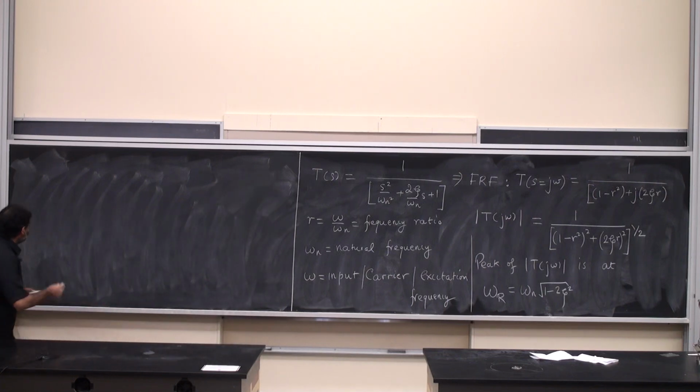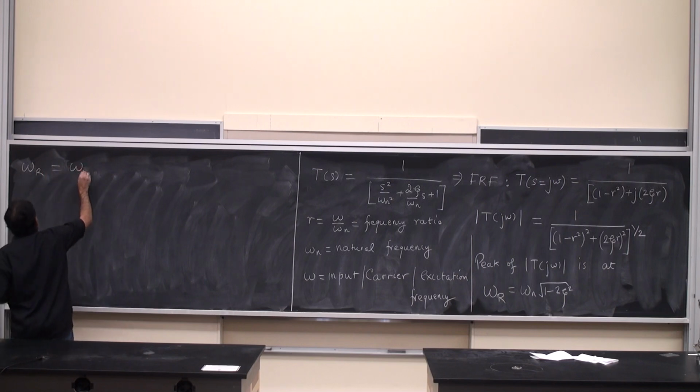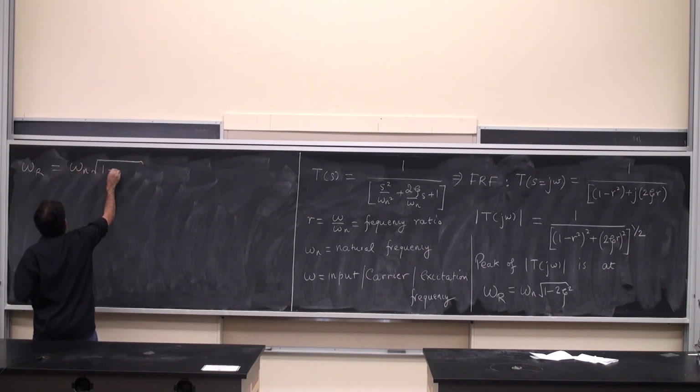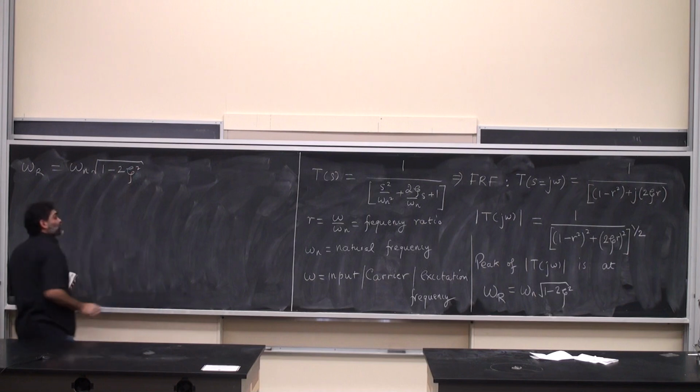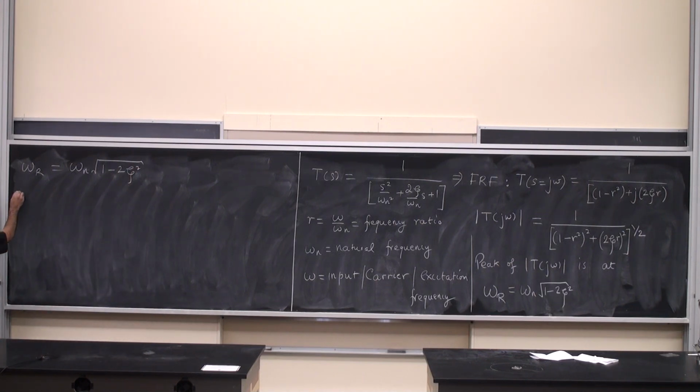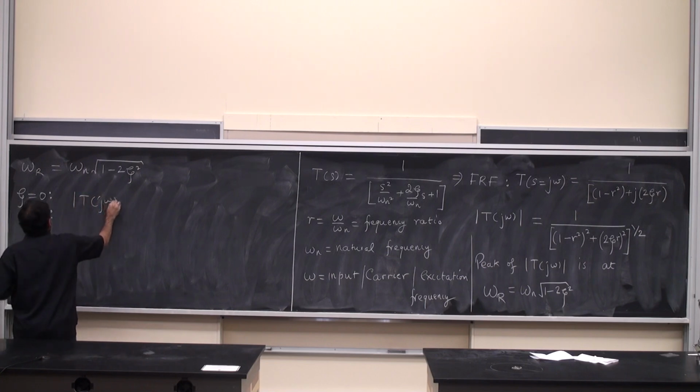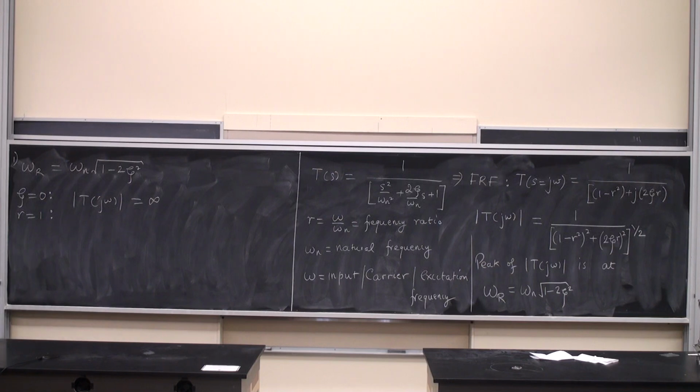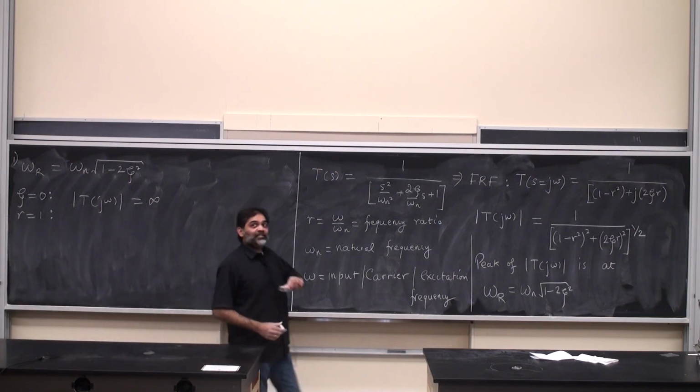Okay, so remember, omega r is omega n times the square root of 1 minus 2 zeta squared. When zeta is equal to 0, r is equal to 1, this was the first point we made. Let's see what happens when zeta is 1 by root 2.